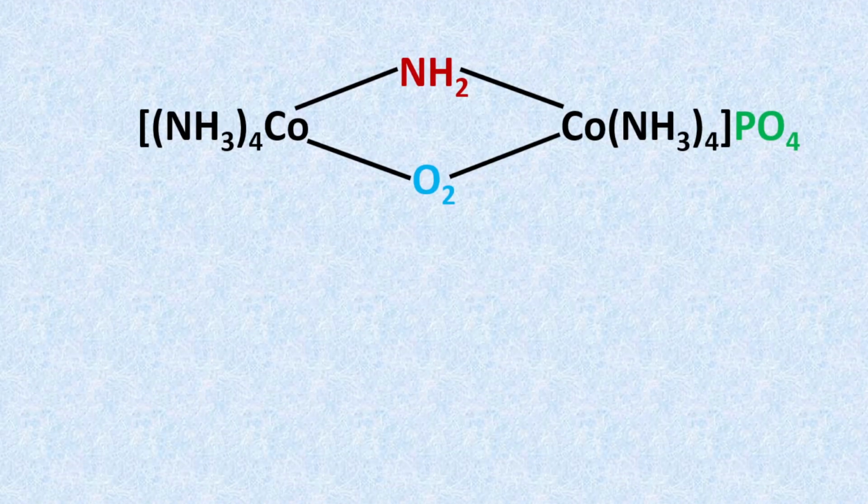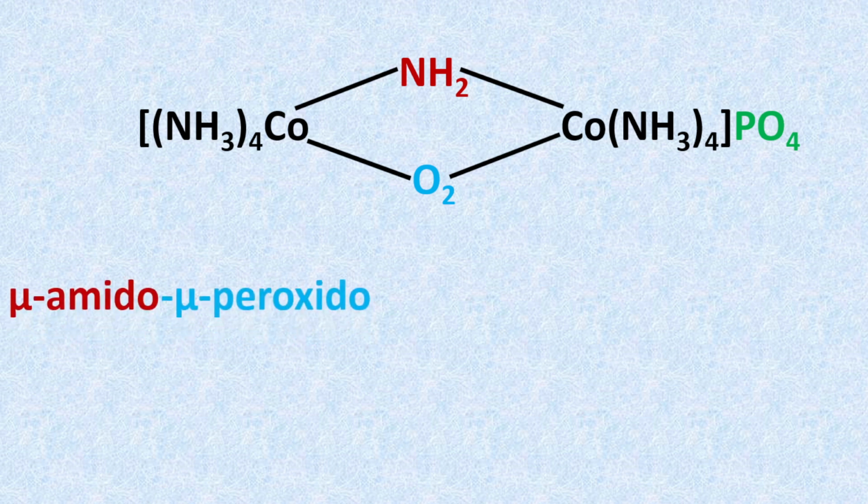This complex possesses 2 bridging ligands, amide and peroxide. So based on the IUPAC rules discussed earlier, its name is mu-amido-mu-peroxido. The charges on the amide, peroxide and phosphate ion are -1, -2 and -3 respectively.